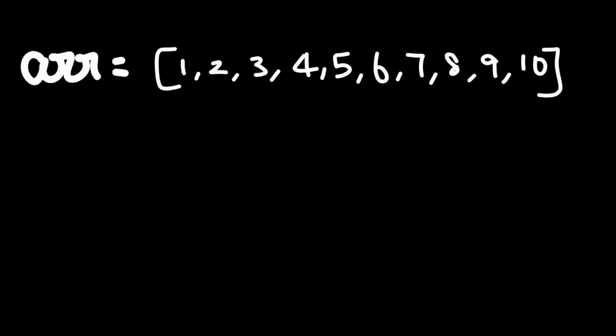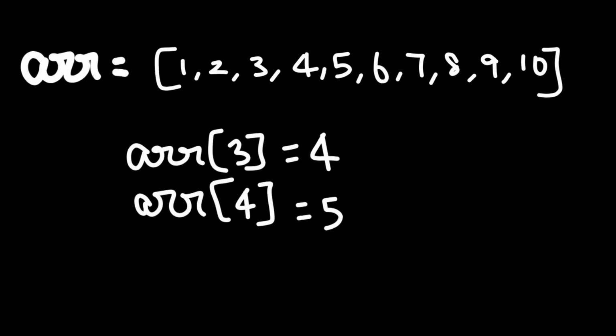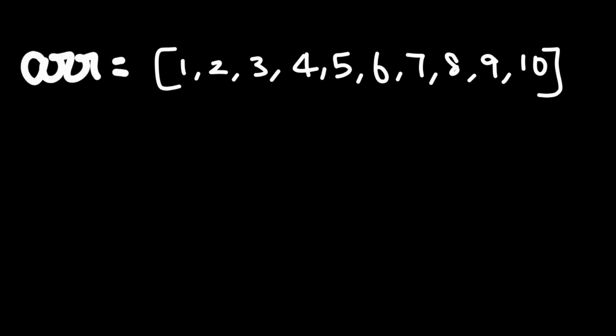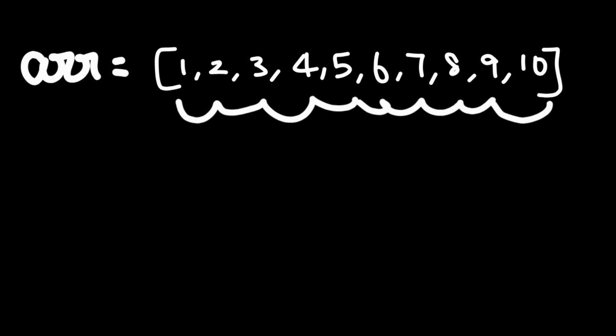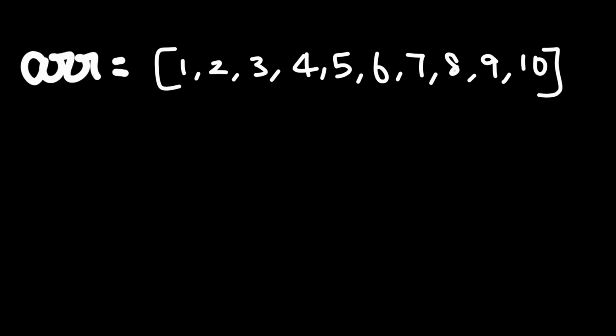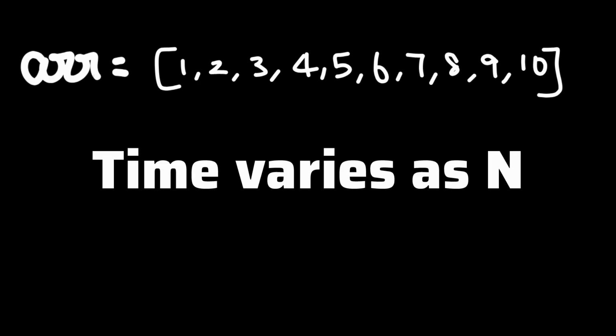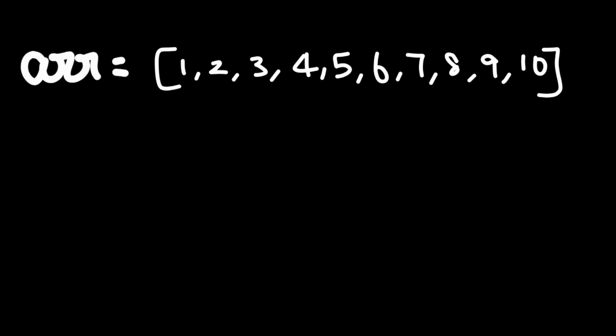If someone says access the fourth index, access the third index, it's very easy for us to access it, rather than searching from the first index to the last index until the element is found, and returning that the element is not found. So how the time varies as the input grows, this is what we call time complexity, not the exact running time taken by the system.